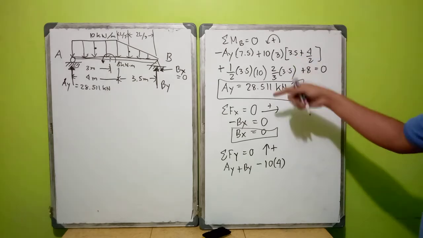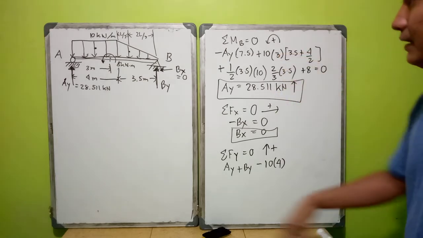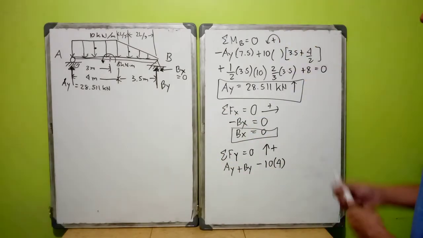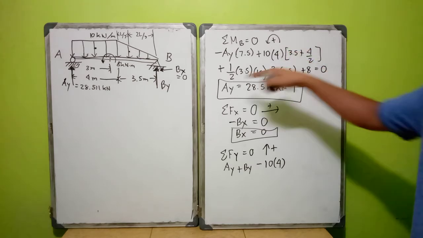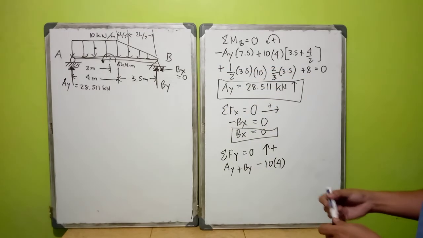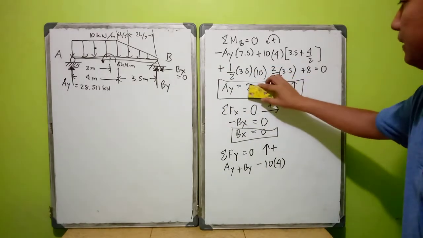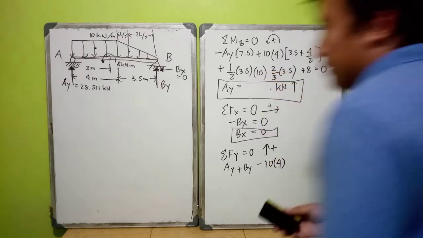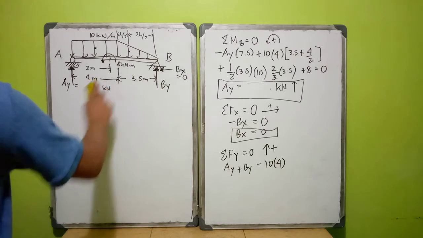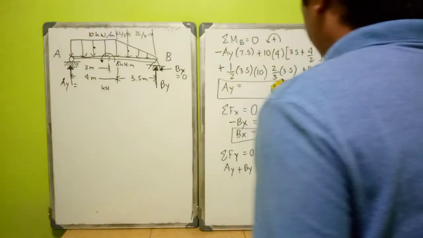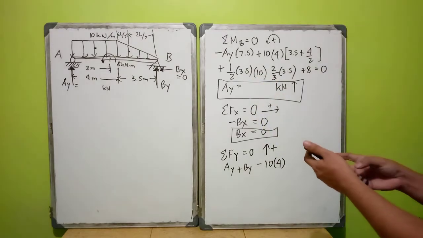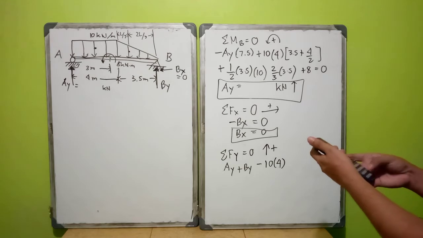So let us correct this one. Since this is 4 meters, this should be 4, not 3. So let's change the value. We need to be careful, class. We might not get the correct answer at the reactions, and therefore our shear and moment diagrams will be erroneous.